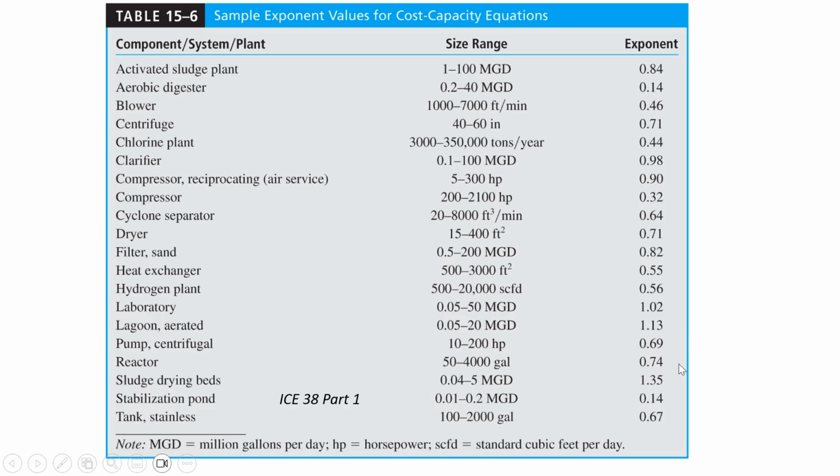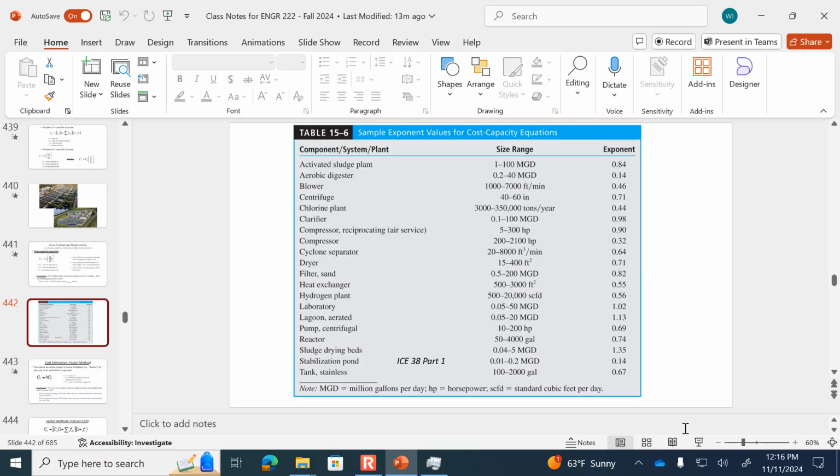But then the really extreme diseconomy of scale here is for the sludge drying beds, where it's showing a correlating exponent of 1.35. So that means that doubling the size of a sludge drying bed is going to much more than double the cost.